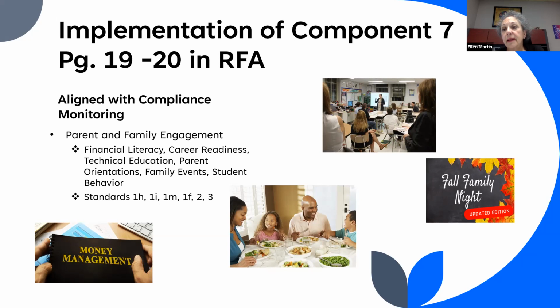Check with your LEA to see about that parent resource room. Introduce those parents to that parent resource room if there is one. With ESSER money that's been available for the past year or so, a lot of schools have hired a parent family liaison with the school and the parents. Check to see if your local LEA has that. Those are just a little bit of tidbits about component number 7.